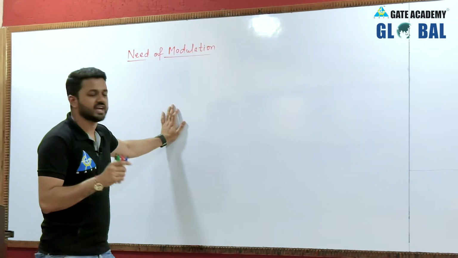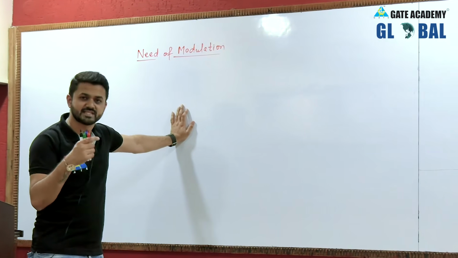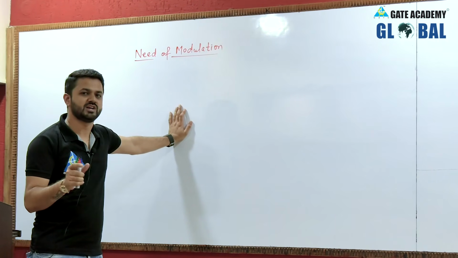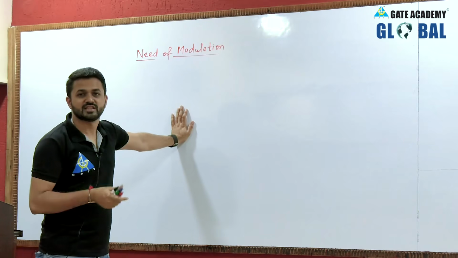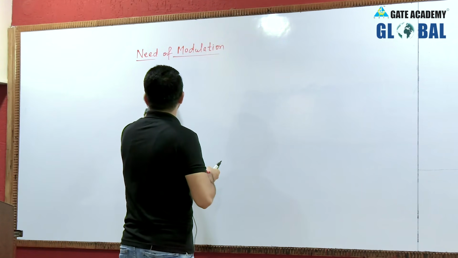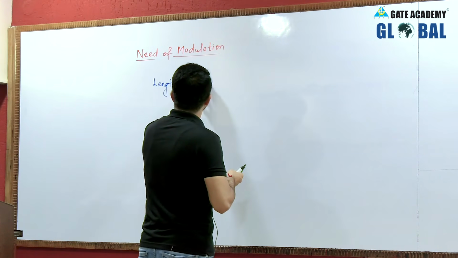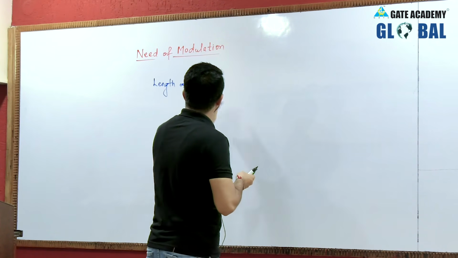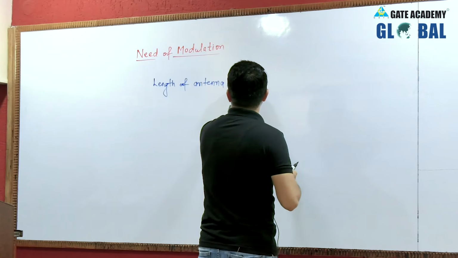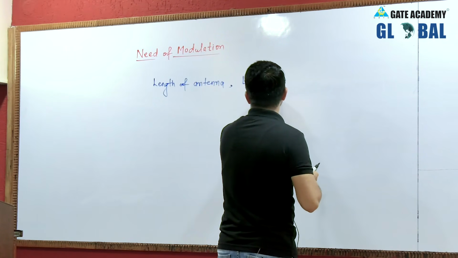Let's see, if we want to transmit a signal having frequency 5 kilohertz, what should be the length of antenna required? The length of antenna is given by lambda by 10.